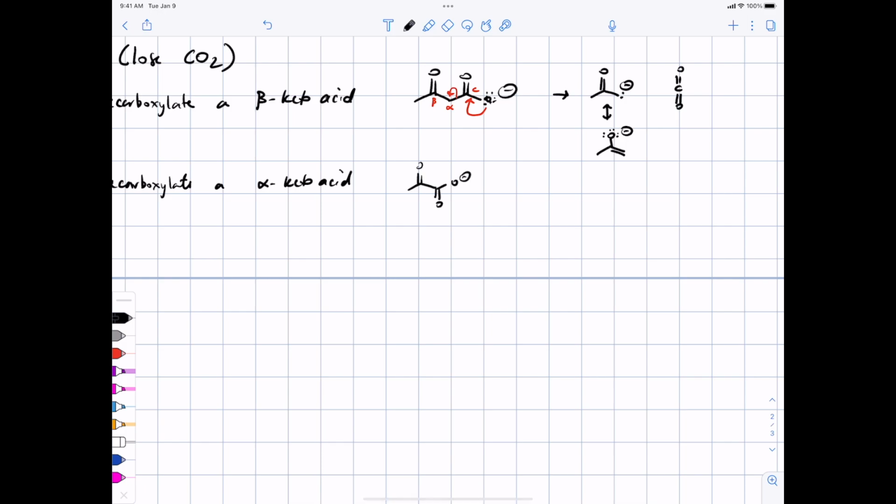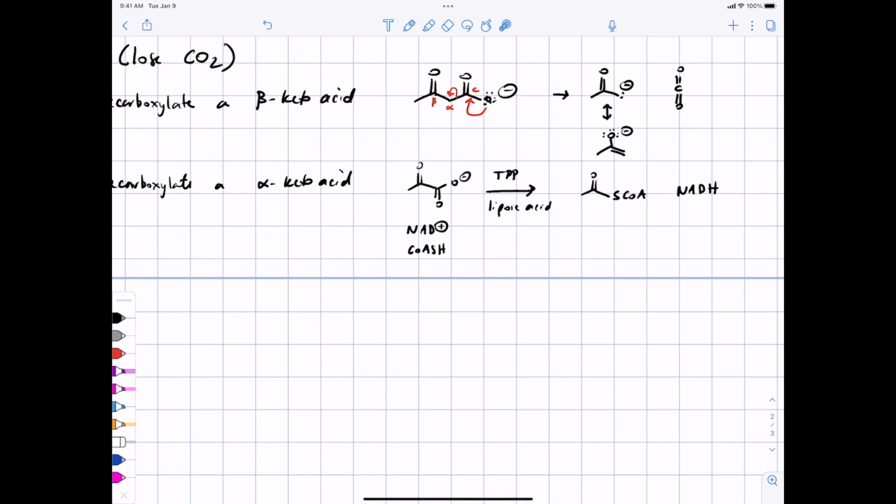You actually need thiamine pyrophosphate, and you need lipoic acid, and you need NAD+, and you also need coenzyme A thiol, and that will give you something like this.